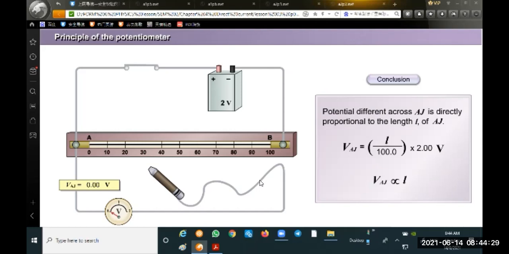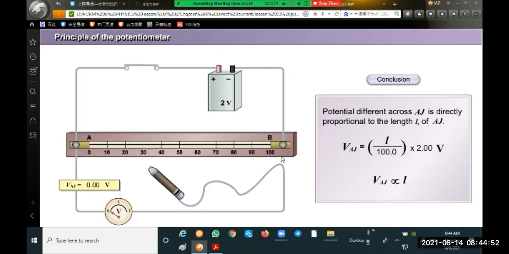The longer the wire, the higher the resistance. The shorter the wire, the lower the resistance. So this means that actually we are using R1 over R1 plus R2, because R1 plus R2 is 100 cm times the resistance.